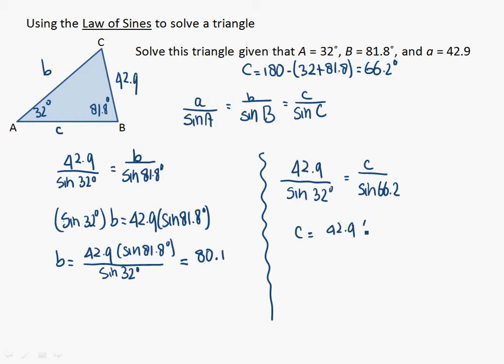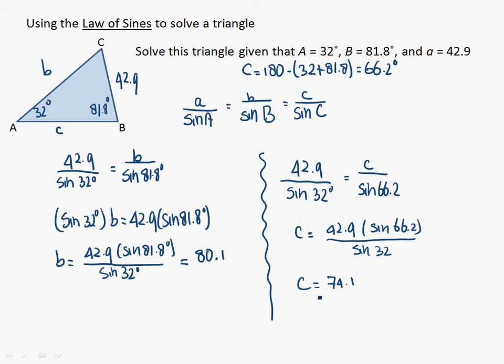If you cross multiply, then you multiply these two, and you end up dividing by the sine of 32. Then you put that in the calculator and you should get an answer. How much? 74? Okay, 74.1. Is that okay if I write 74.1? Okay.